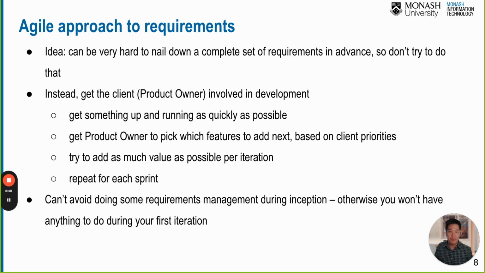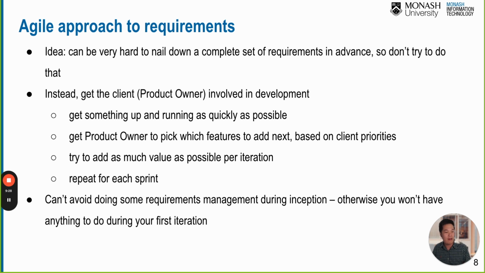The good thing about Agile is that we always get the stakeholder involved as much as possible, and the product owner acts as a client between the development team and the stakeholder. The key goal of Agile is to get something running as quickly as possible. Do you remember working software over comprehensive documentation? That's one of the Agile values, so in the Agile process we don't need comprehensive documentation.